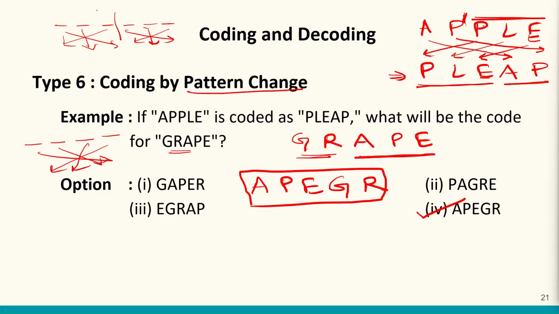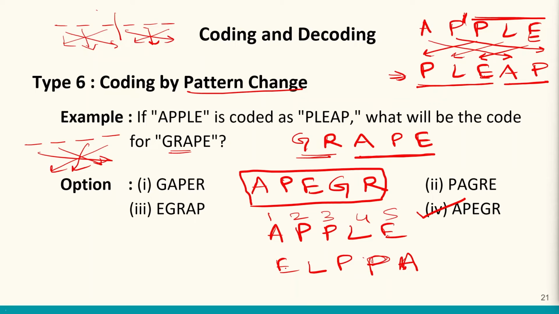In this case, the last three letters were written first and the first two letters were written last. Let's say we had a different pattern, something like E, L, P, P and A. If it is better to number these, then I can say it is written as 5, 4, 3, 2, 1. This is also called coding by pattern change, but this is also an example of coding by letter inversion.